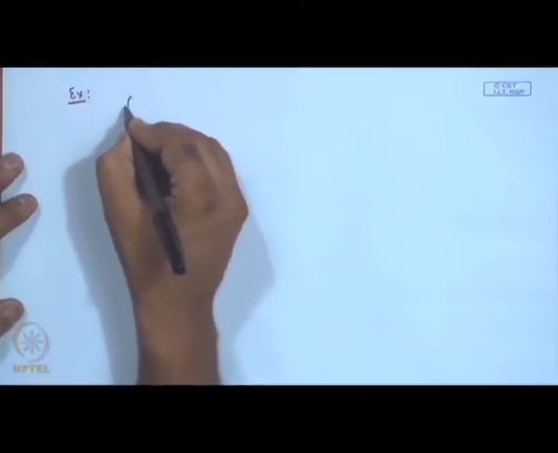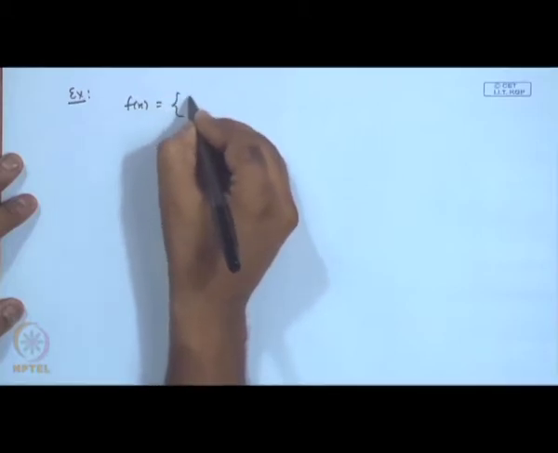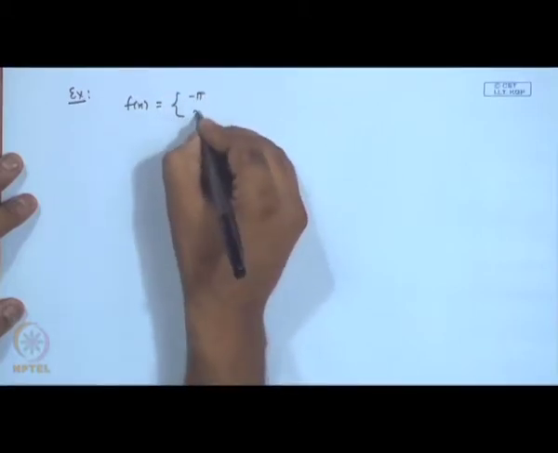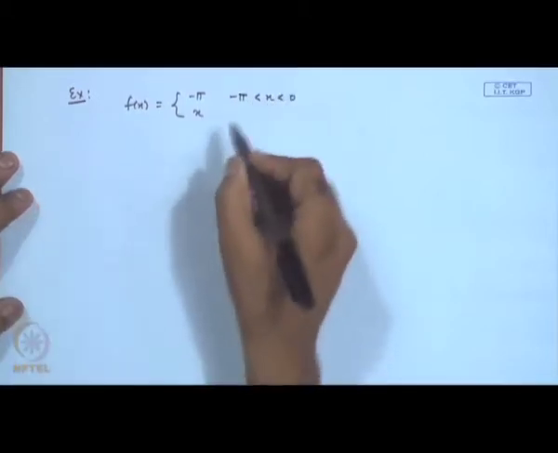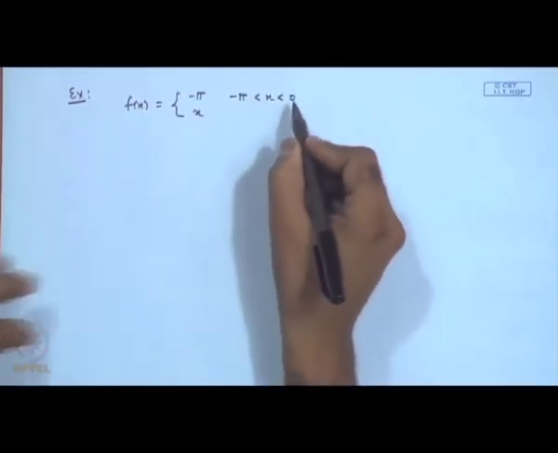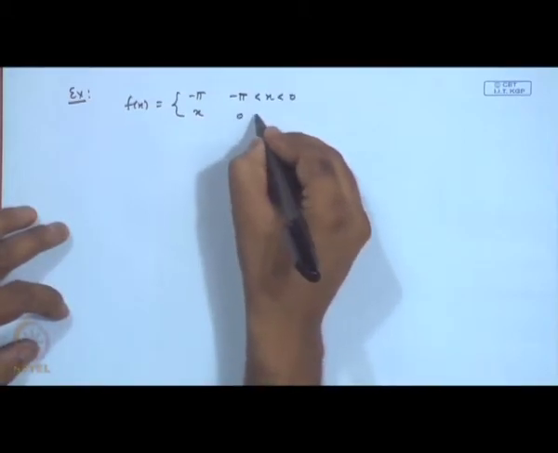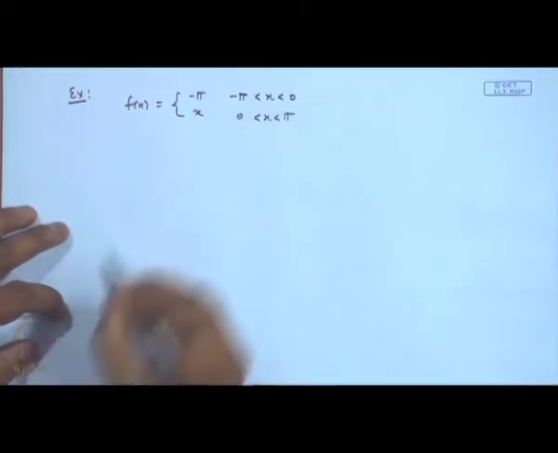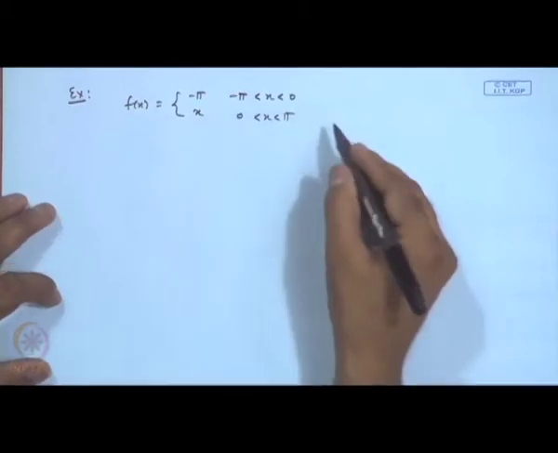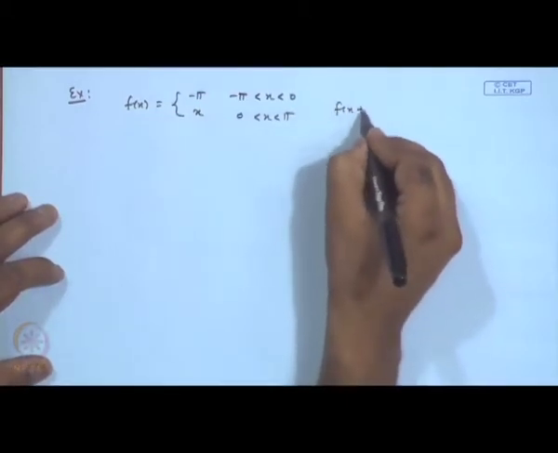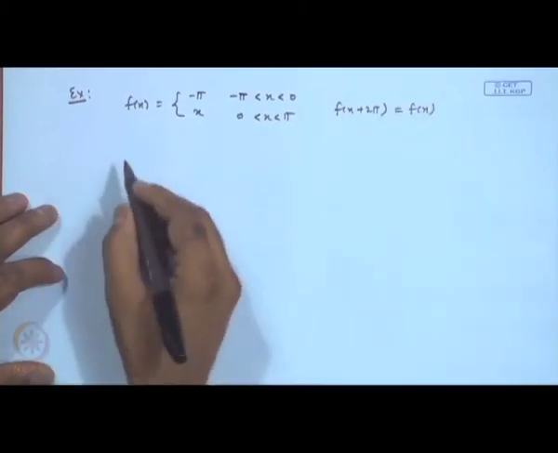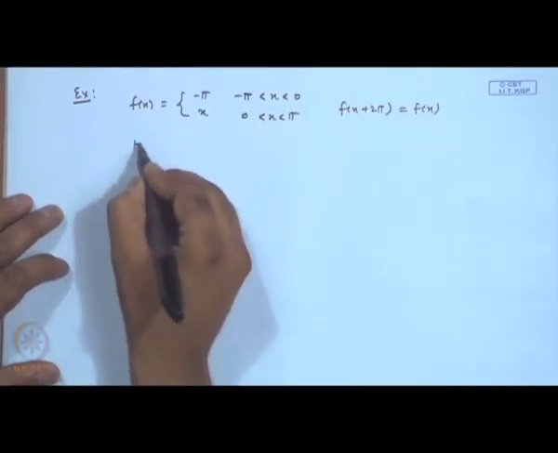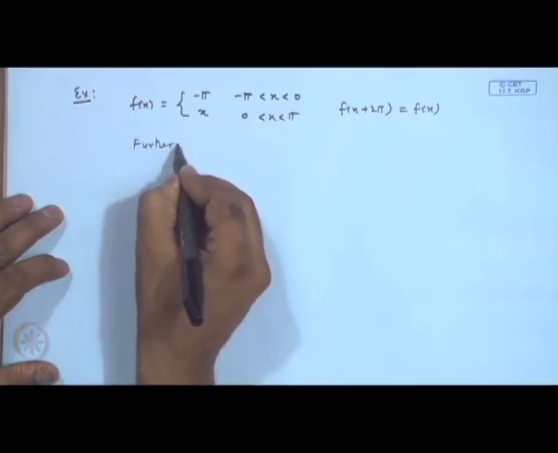Let us just quickly go through one example. Find the Fourier series of the function f(x) equal to minus pi when x is from minus pi to 0, and x when x is from 0 to pi, and the function is periodic, so f(x plus 2 pi) is equal to f(x).